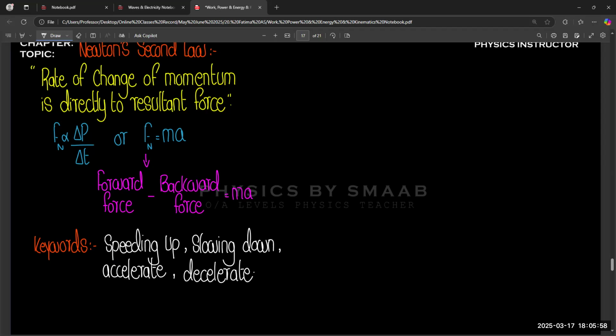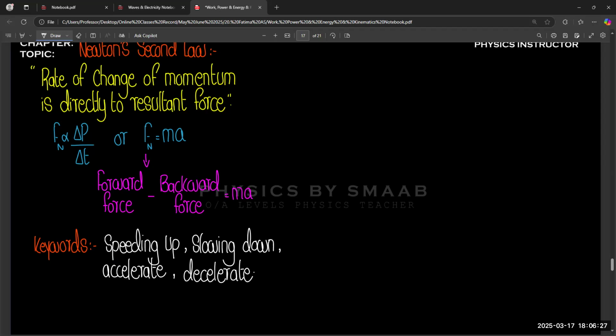These terms help you to identify the situation for Newton's second law, because in Newton's first law we have equilibrium state in most of the questions. So that's why we always consider the rest state or the uniform motion state. But this time we have the resultant force idea. So resultant force means the body is accelerating, changing direction, or moving with changing speed. So anything can happen.